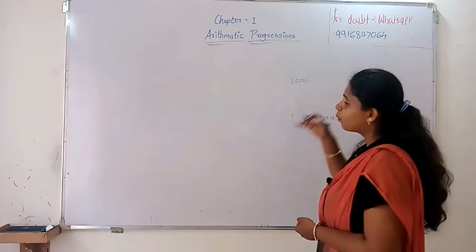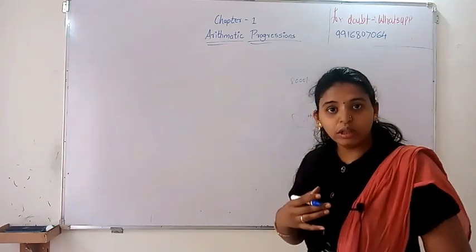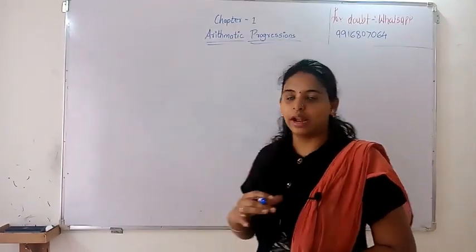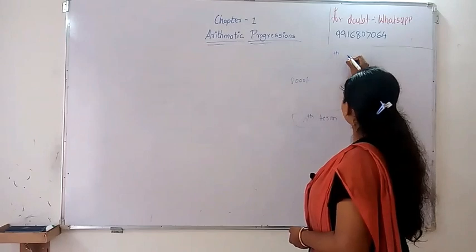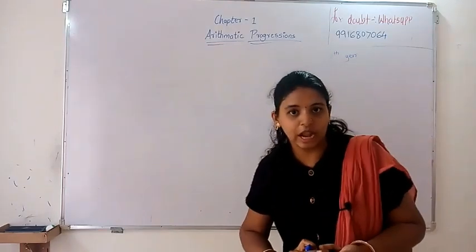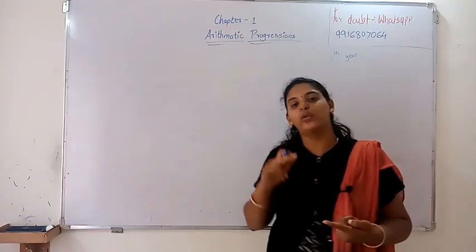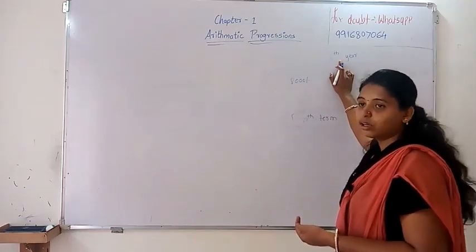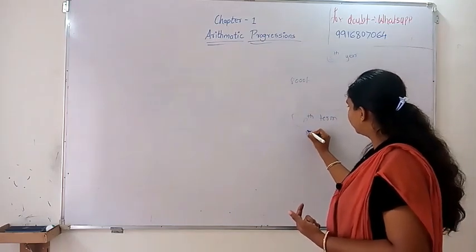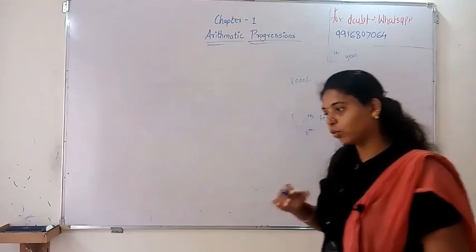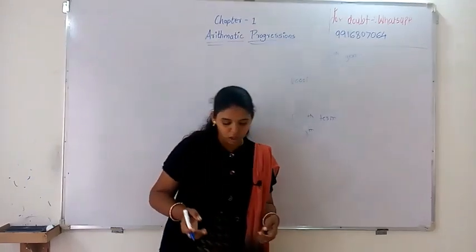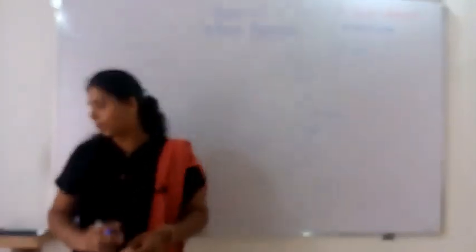In that example, suppose I asked you to find her 8th year salary. 8th year means you are going to find the first year salary, then second, third, fourth, like that till the 8th year. So this 8th is here the nth term. We are going to find that nth term, whichever they have asked. This we are going to study in this chapter.